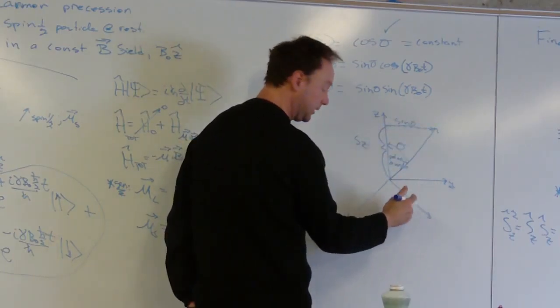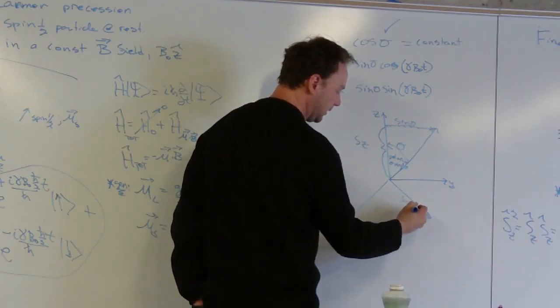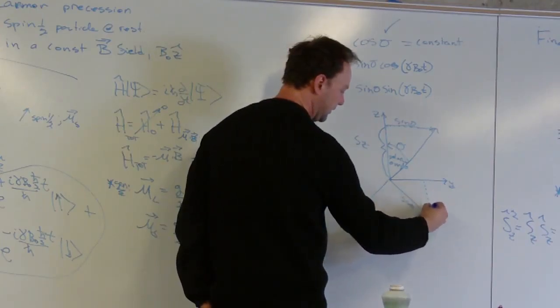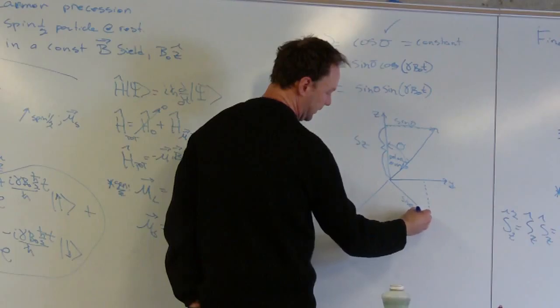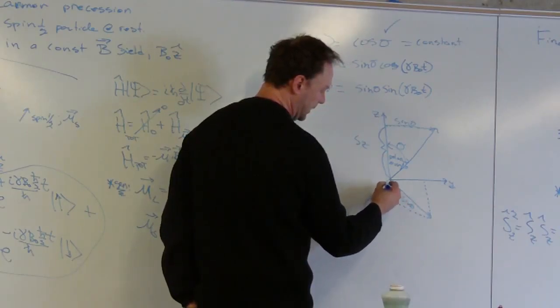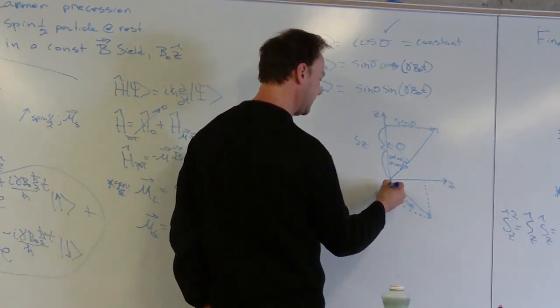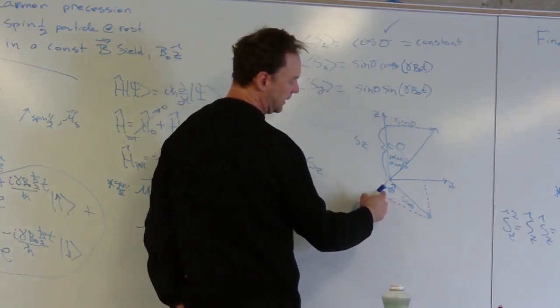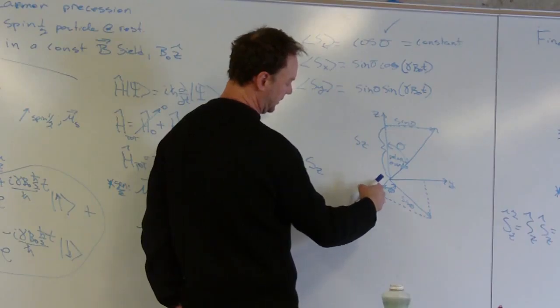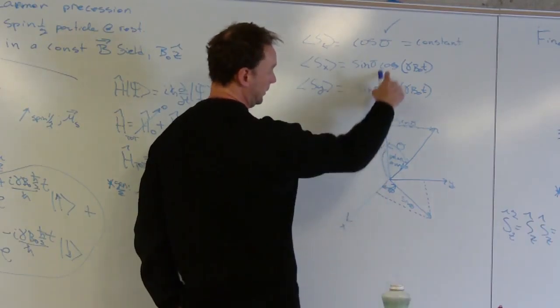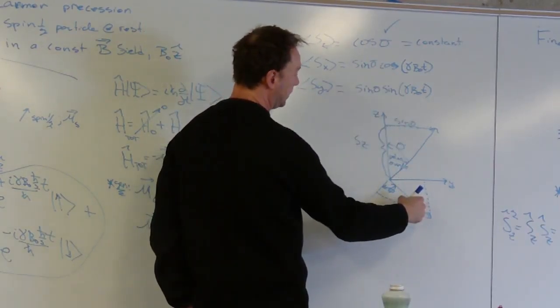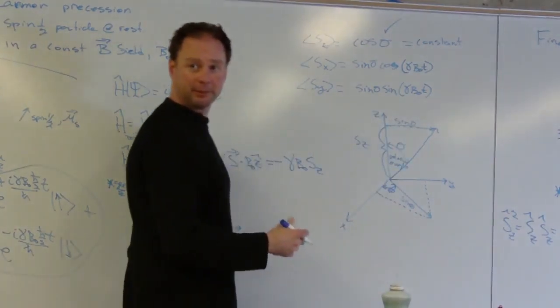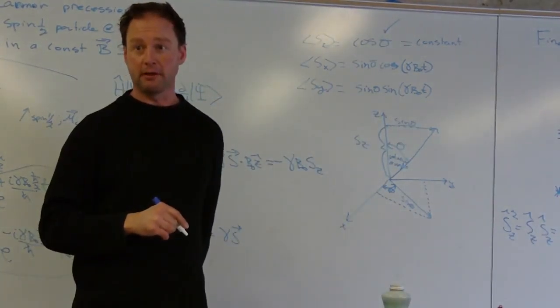Then what you see is that this angle right here is the azimuthal angle, phi. And the azimuthal angle, this would be the cosine, which would be the x. And then this would be the sine part, which would be the y. I didn't draw my right angles very well.